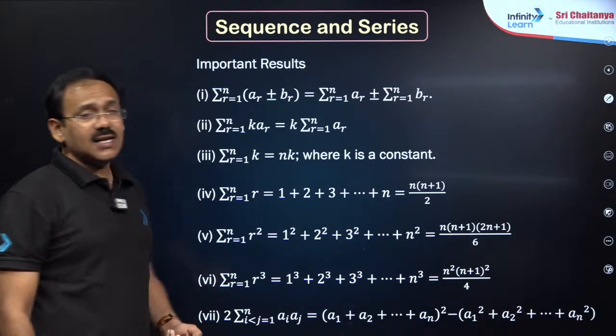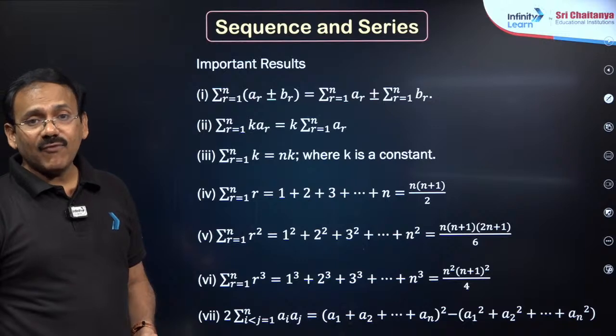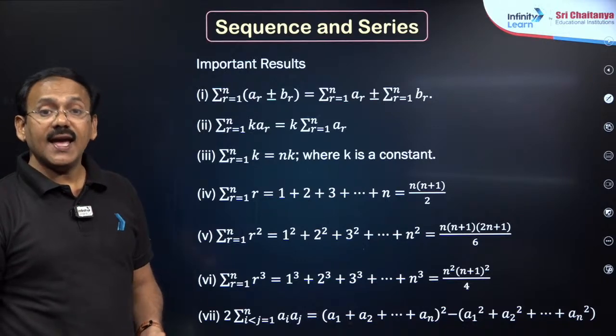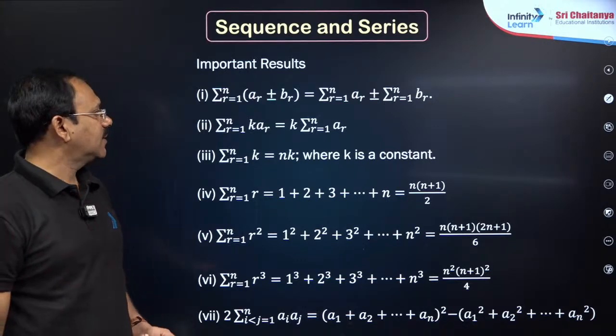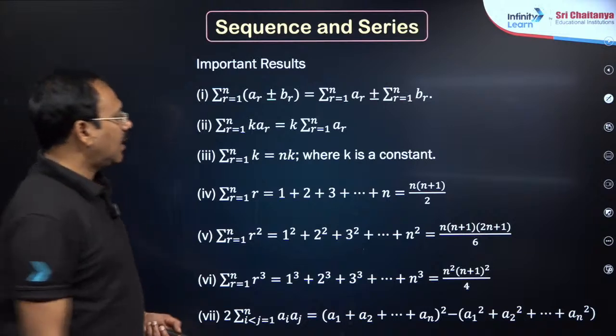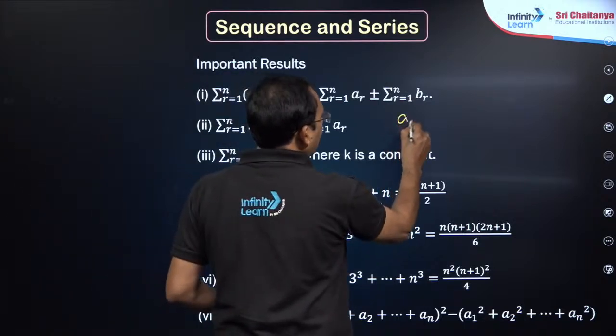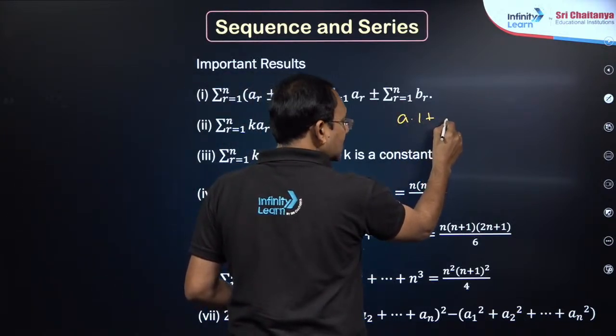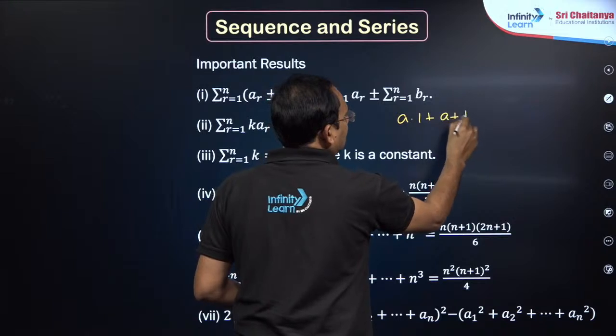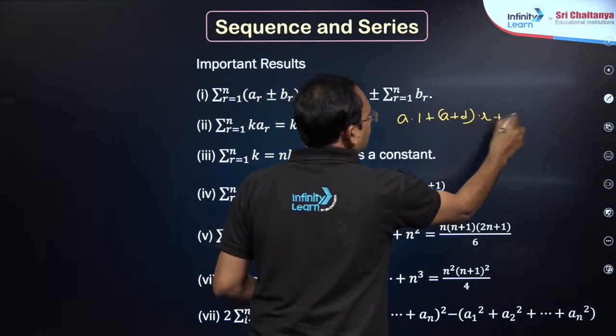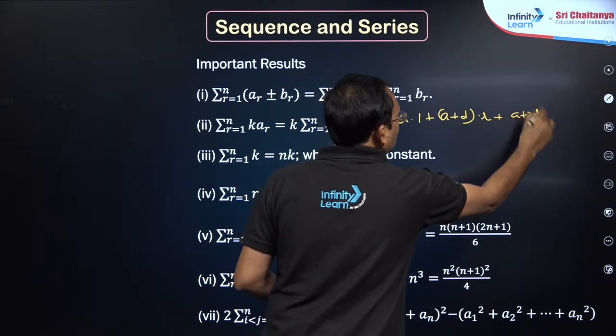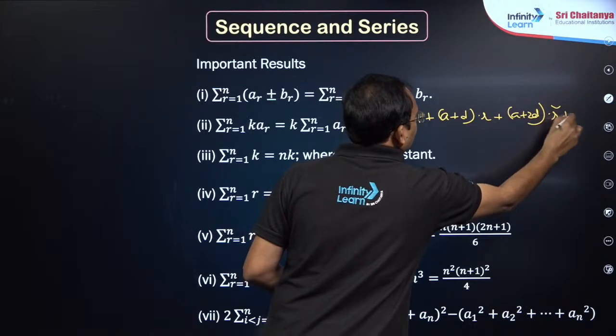But interestingly, AGP is necessary, my dear friends. AGP means you may be getting A into 1 plus (A plus D) into R plus (A plus 2D) into R square plus like this.